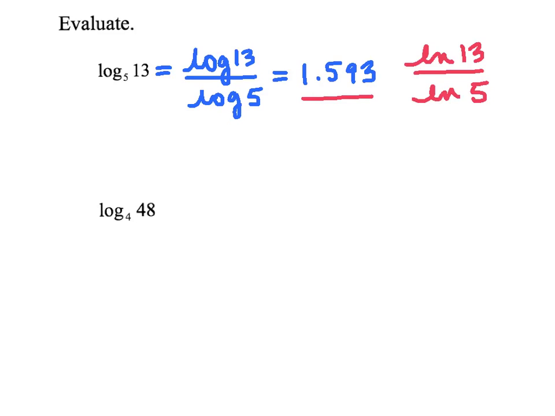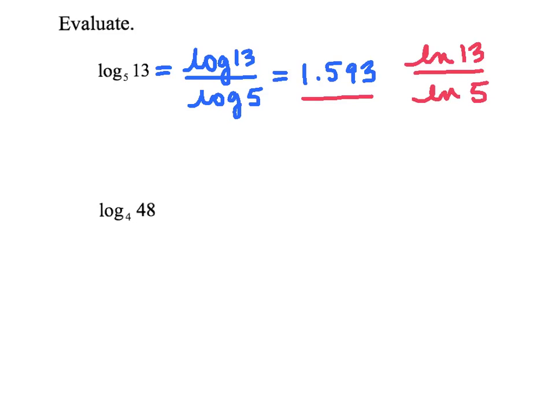Remember, in using that change of base formula, we can choose any base that we like and get an appropriate answer. Now, we're not saying that the common log of 13 is equivalent to the natural log of 13, but we are saying that the ratio of the common log of 13 divided by the common log of 5 is equal to the natural log of 13 divided by the natural log of 5. In that change of base formula, we can pick any base we like and get the appropriate ratio.